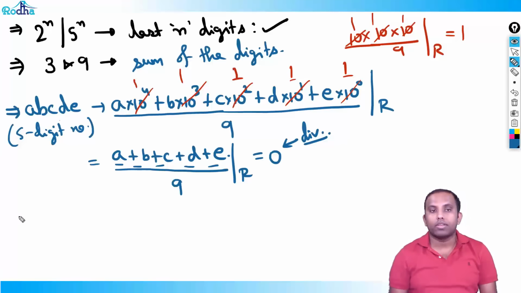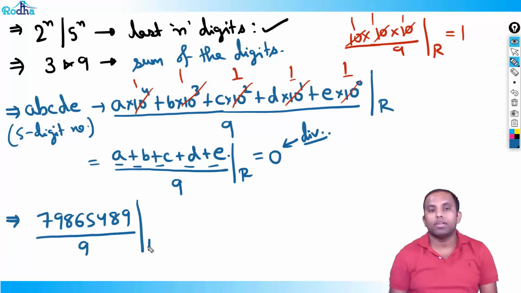For example, 7, 9, 8, 6, 5, 4, 8, 9 divided by 9, what is the remainder? We'll simply check the sum of the digits. 7 plus 9 is 16, plus 8 is 24, plus 6 is 30, plus 5 is 35, plus 4 is 39, plus 8 is 47, plus 9 is 56.